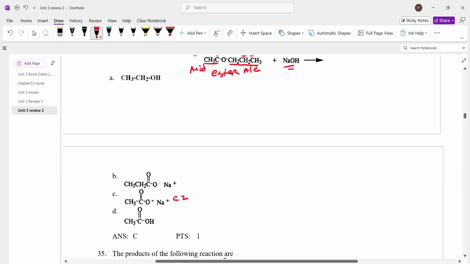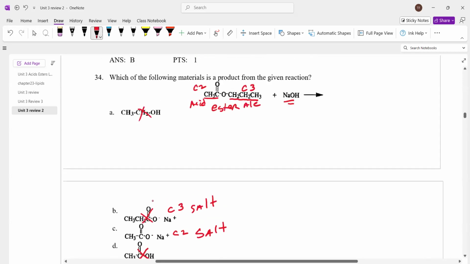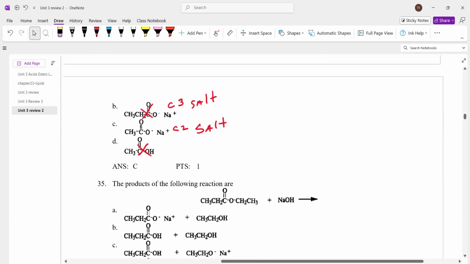And because it's in an alkaline environment, saponification gives us the salt. This is the acid, which would be in a low pH environment. This is a 3 carbon salt, so that wouldn't work. And then we have just a plain alcohol, and that's not going to work. Okay, so obviously it's C.